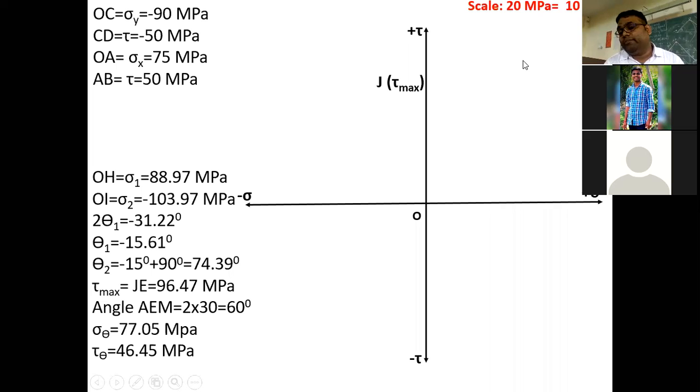For that we have to take a scale. You can take it by your own choice, no problem, either 15, 20, or 10, it's your will. But if you take 10, then your diagram becomes double what we would obtain by this scale.